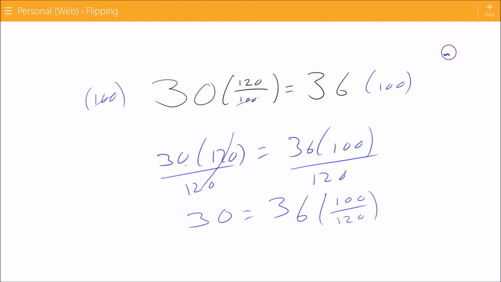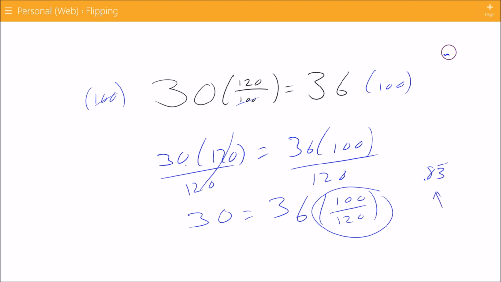Remember, ratios are just dividing, so we can treat them just like we're dividing numbers because that makes sense. Let's do that. But here's our ratio. Here's our actual percentage of what 30 is of 36. It's 100 over 120, which if we look into our calculator, this is actually 0.83 repeating.